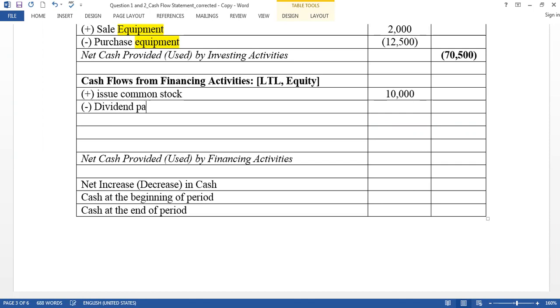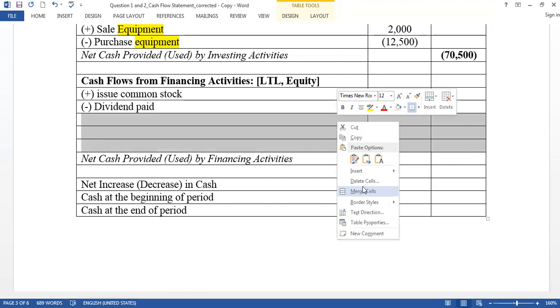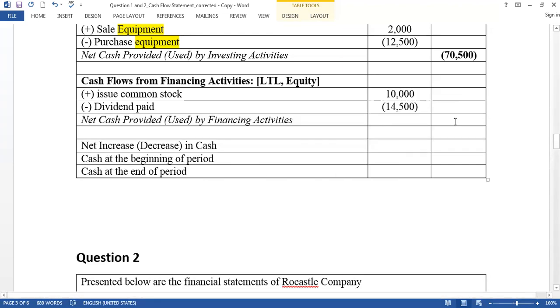Dividend paid $14,500. We don't have any other long-term liability. We don't have any other equity. So if we do plus and minus, it is minus 4,500.